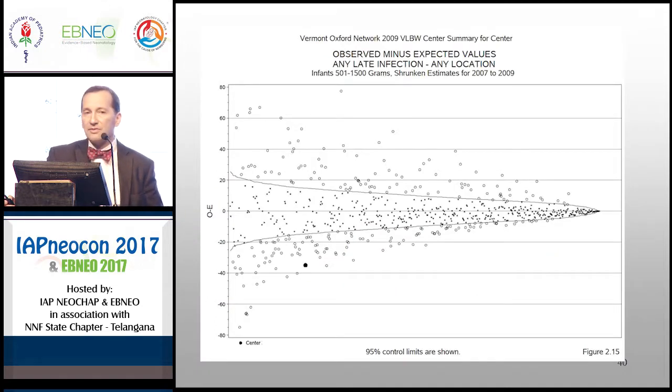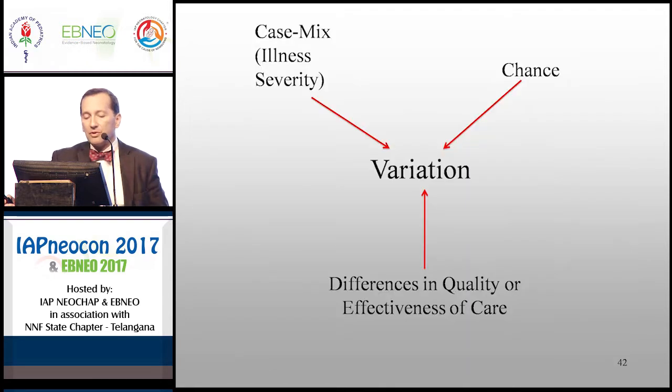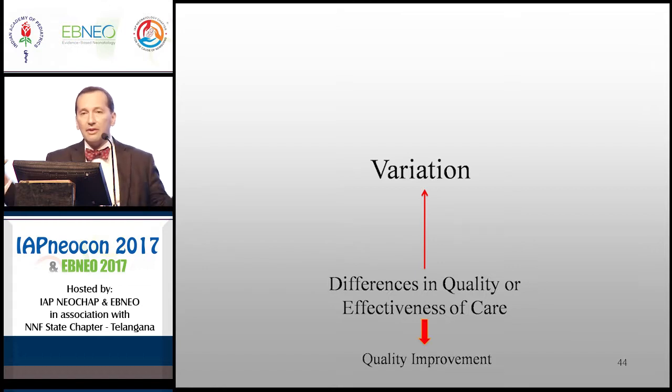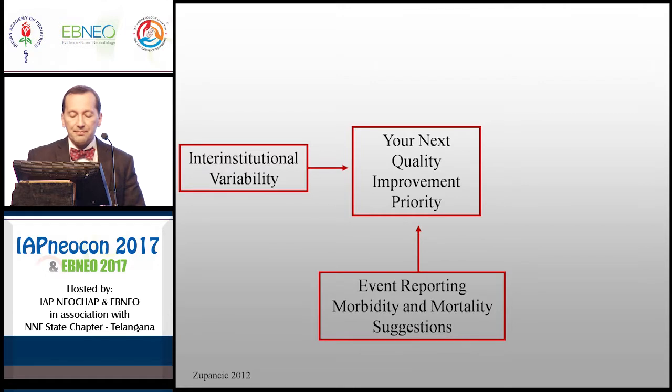This is a slightly more sophisticated version of that graph that also takes into account the size of the units. So using that approach of measuring risk, predicting outcome based on that, comparing it to observed, and then testing using statistics, we take out chance and illness severity, and we're left with differences in quality, and now you can undertake a QI project.